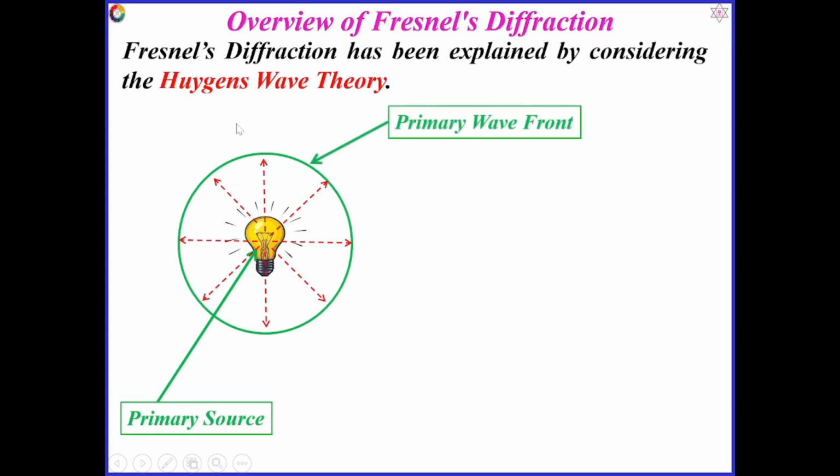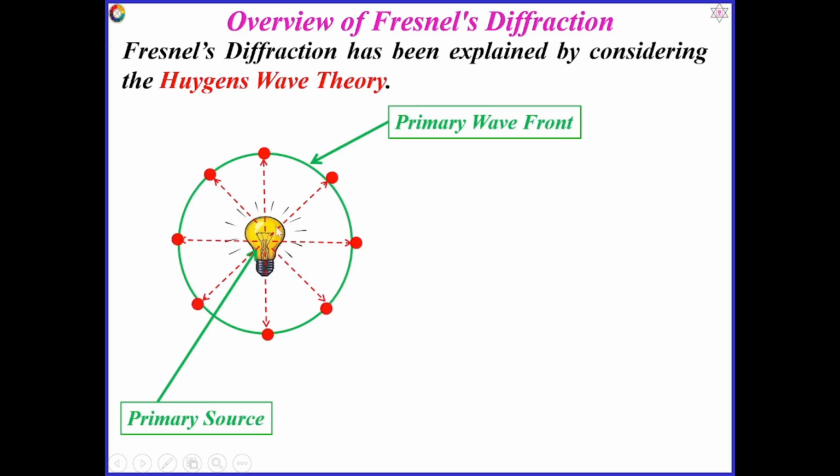According to Huygens wave theory, each and every point of this primary wave front is to be considered as a secondary source.